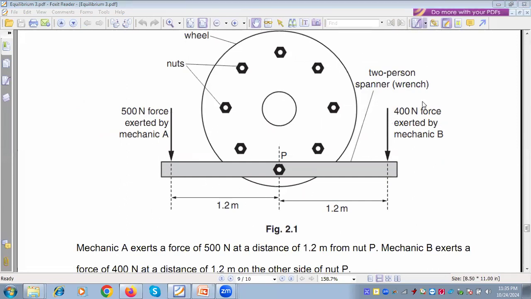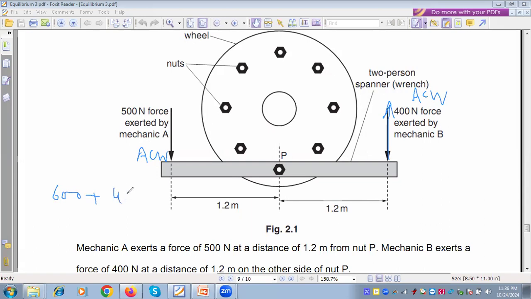This force now has this direction, so this is also causing anti-clockwise moment. Now the two moments are added. So what will be the total moment? 600 was caused by mechanic A, and now this will be added. It is not subtracted because the direction of moment is anti-clockwise for both.